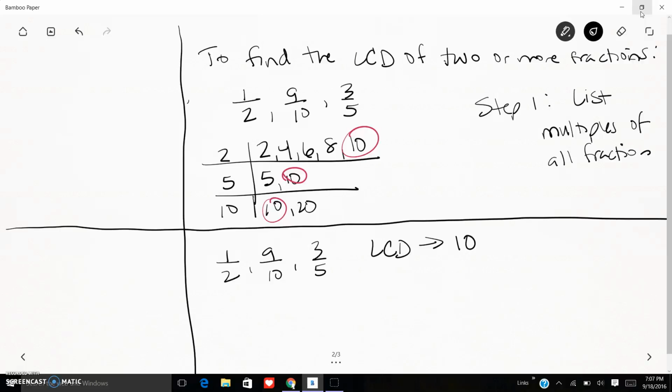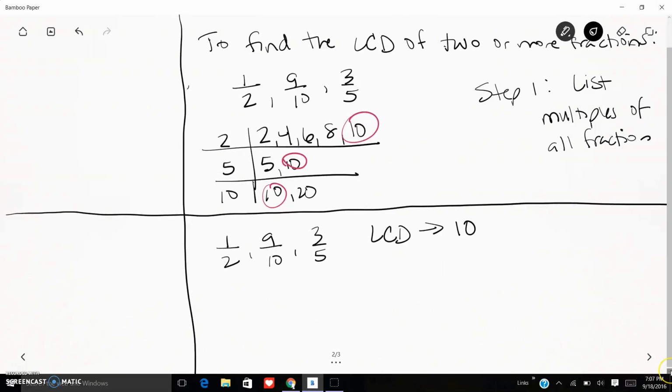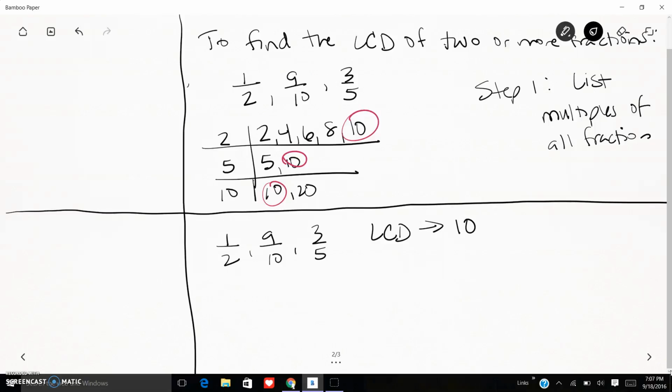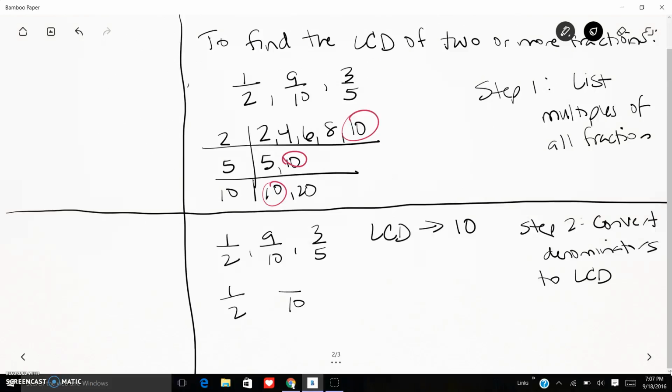So I need to convert all of these over to a denominator of 10. I do that by lining them up and changing them to the denominator. So how do I get from 2 to 10? I multiply by 5, and what I do to the bottom, I do to the top. So 1/2 is now 5/10. 9/10 is going to stay the same because we already have 10.